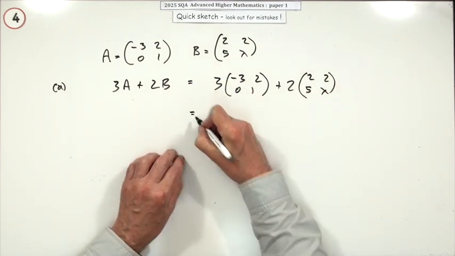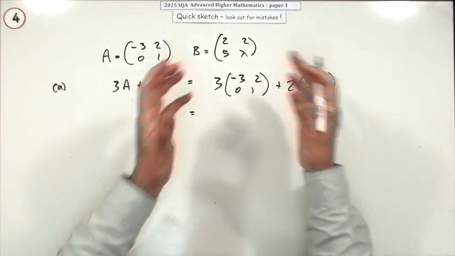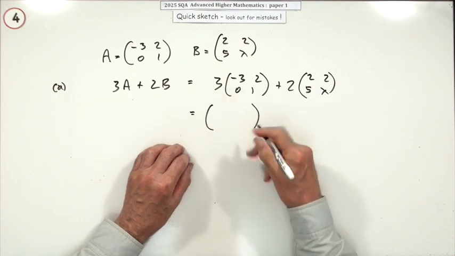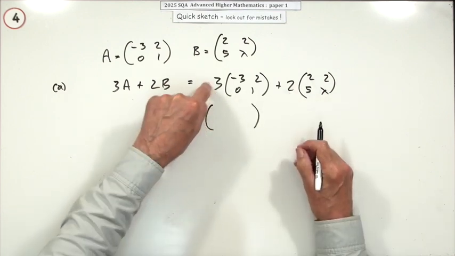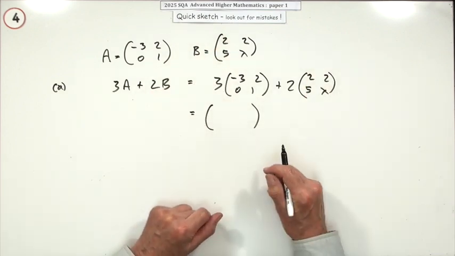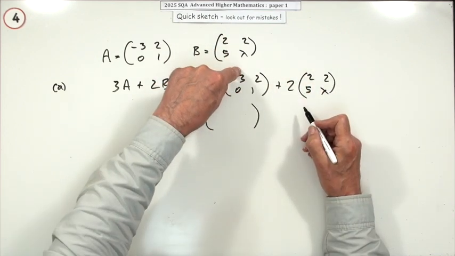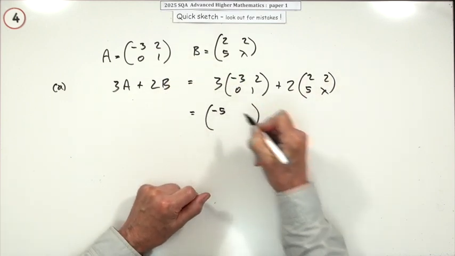So it's just lots of parallel calculations, which is the purpose of matrices. It keeps them all together. You're doing the same things to each of these. So the final answer will be another wee 2x2 matrix where you carry out these arithmetical operations. I'll have 3 of them and 2 of them, but you do it for each of the entries individually. So it's -9 plus 4, so that's a -5.